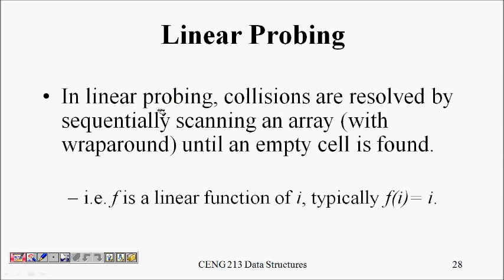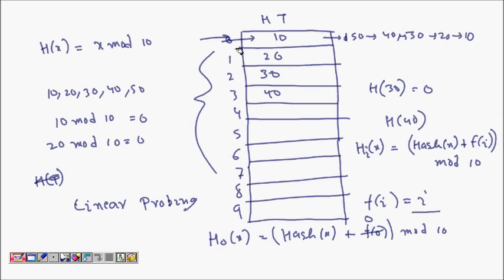So what is linear probing? In linear probing, as we saw, collisions are resolved by sequentially scanning an array with wraparound until an empty cell is found. So this is what we were doing. h of 20 is 0, but it was already occupied, so I moved to the next place. h of 30 is also 0, but place 0 and place 1 are occupied, so I come to 2, and so on.